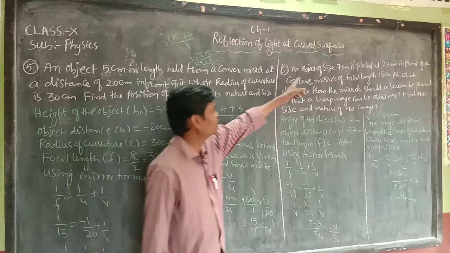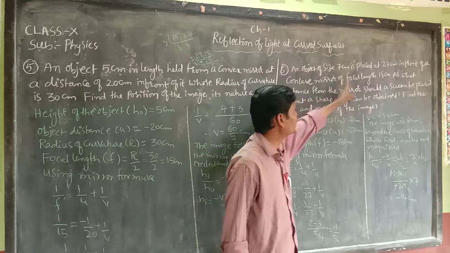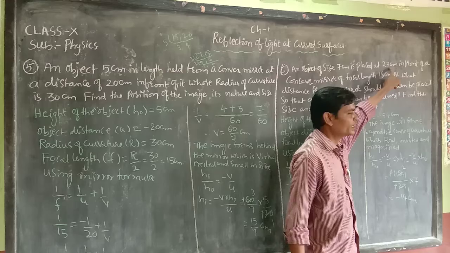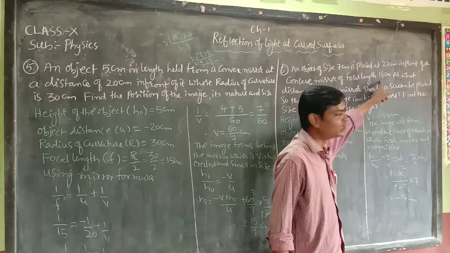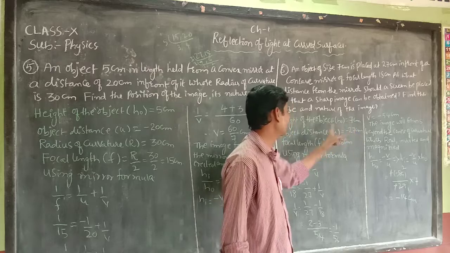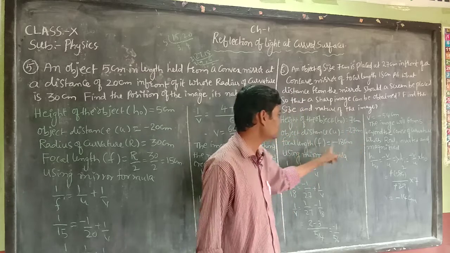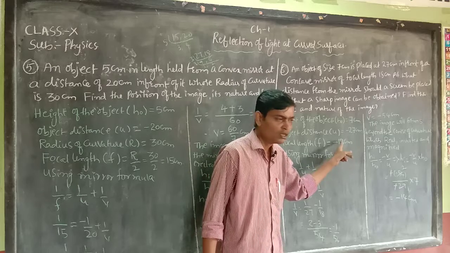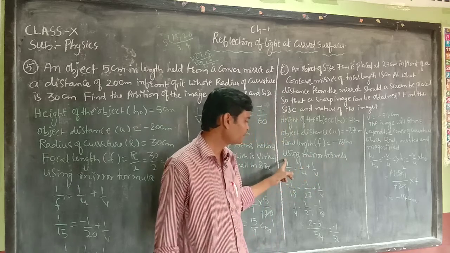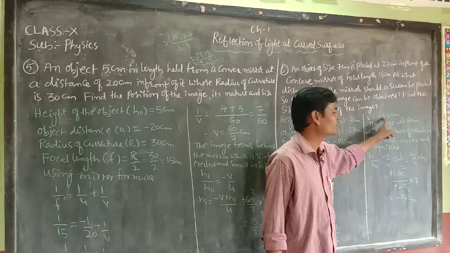Once again let us revise this. In the given question, he has given the height of the object as 7 centimeters, object distance as 27 centimeters, and focal length as 18 centimeters. So we have taken the height of the object as 7 centimeters, object distance as minus 27 centimeters, focal length as minus 18 centimeters. By using the mirror formula, we got the image distance as minus 54 centimeters.